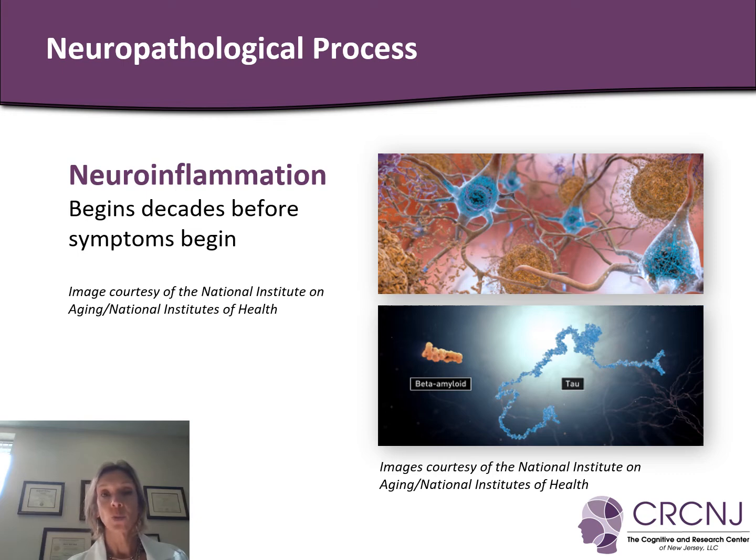This is why there is so much research now in terms of clinical trials for Alzheimer's disease geared towards addressing the formation of plaques and the formation of tangles, because if we can stop these plaques and tangles from forming, then we would have a cure for Alzheimer's disease.